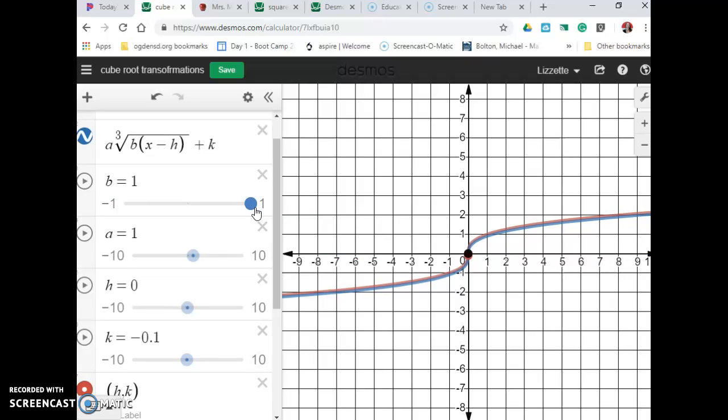So, big thing that one does, it stretches it, right? Values out front when I multiply are going to stretch it, or shrink it, or make it reflect. So my a value can make it stretch, it can make it shrink, it can make it reflect and stretch, reflect and shrink. So if it's a negative, we'll call it reflection, but depending on that value, you can stretch it or you can shrink it, right?